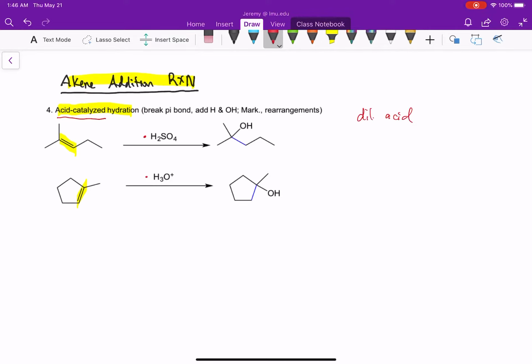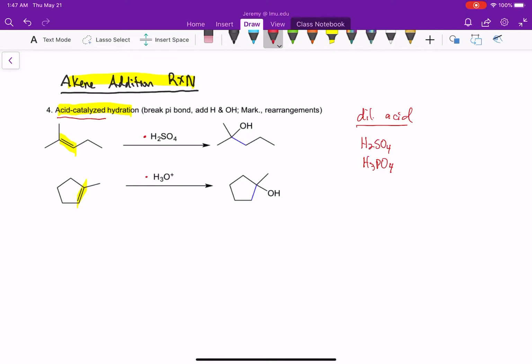The specific acids we use are not HCl or HBr. We've already seen that reaction. Generally, the two acids we use are H2SO4 or H3PO4.